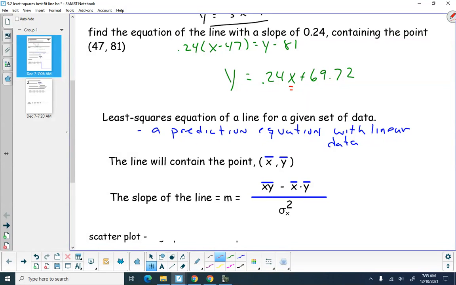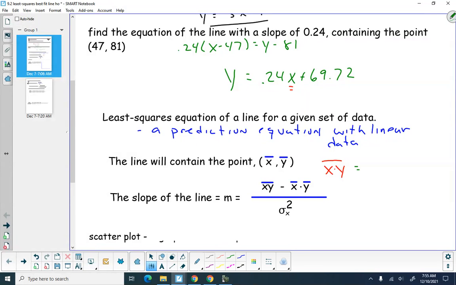So this x bar y bar is going to be the same as this x bar y bar. And just relax. Our calculator will do a lot of this for us, and we're not going to have to work too hard to get this stuff. Now, this xy bar is x times y bar, which means you're multiplying the x values and the y values together and finding the average of the multiplication of these two values.